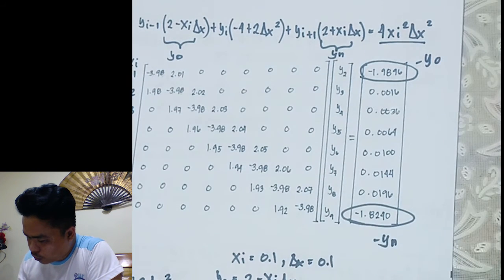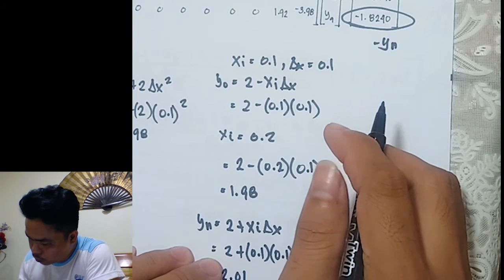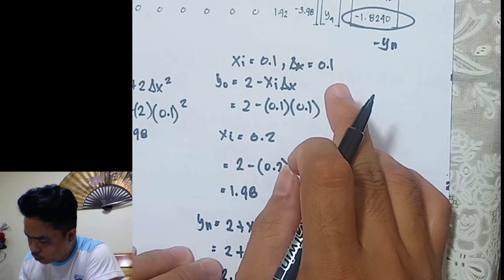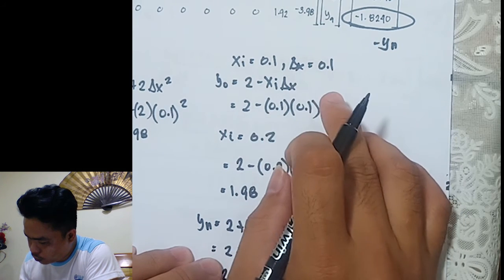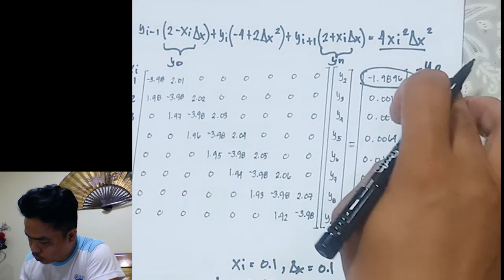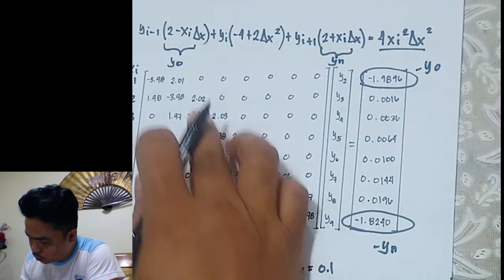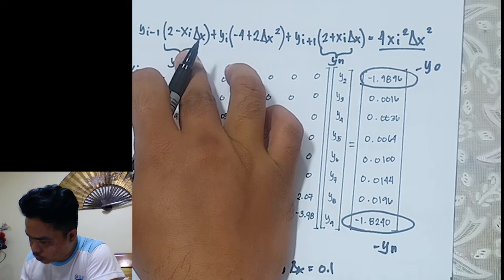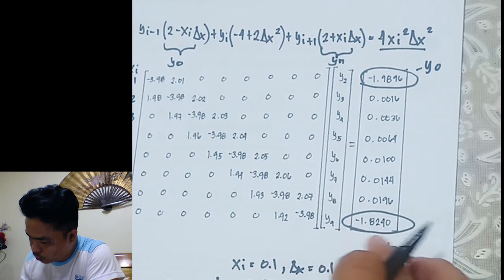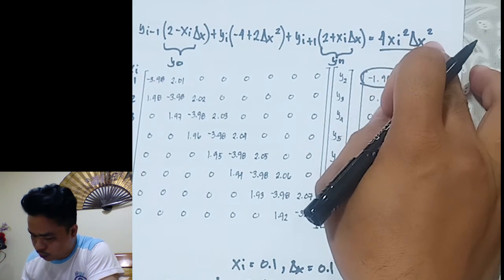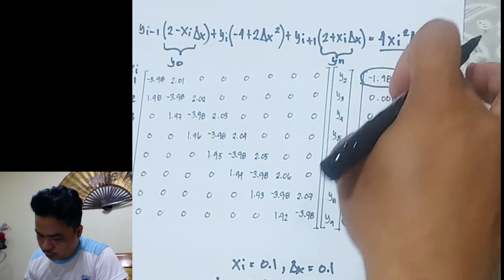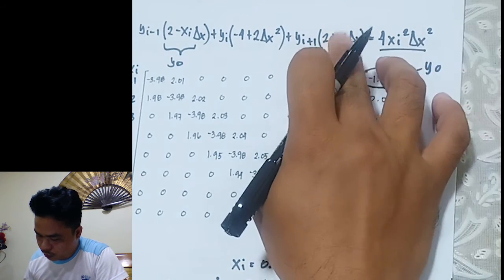To get this value, we only substitute the xi and the value of delta x minus the first coefficient. And for this value, also the right-hand side minus this coefficient.